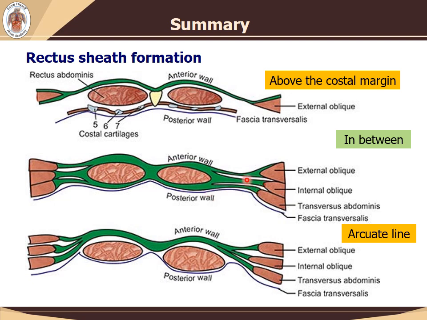The posterior layer is the split posterior layer of the internal oblique and transversus aponeurosis fused together, and they all unite again at the medial margin to form the linea alba. This is a very easy figure to draw, so students can easily draw this type of figure to discuss the formation of the rectus sheath.